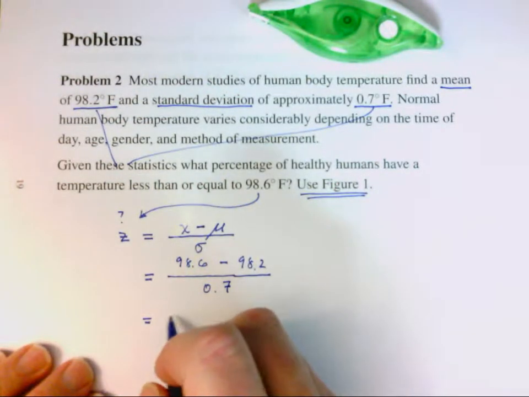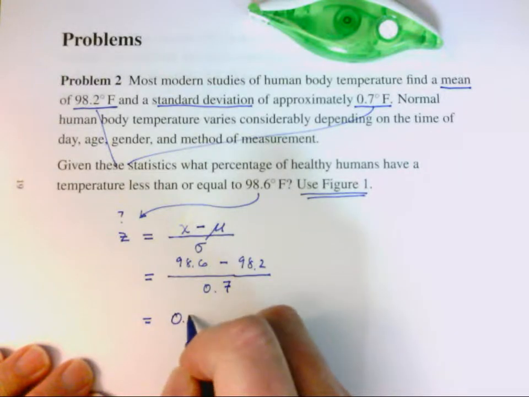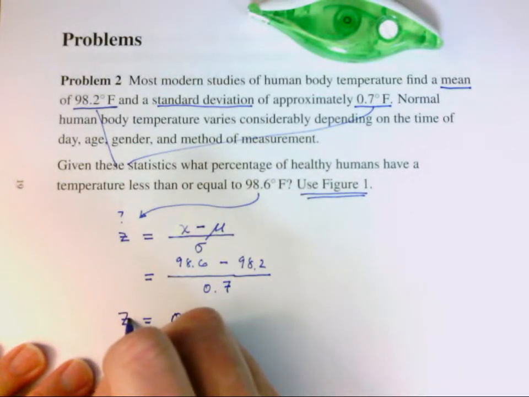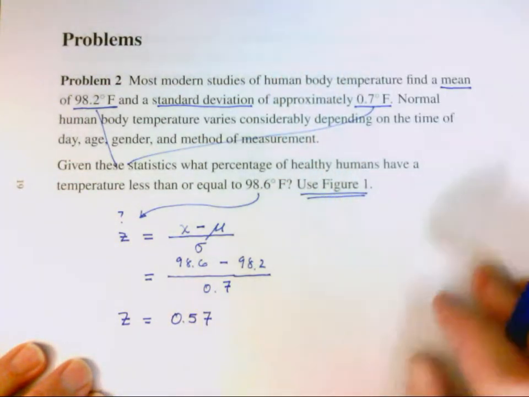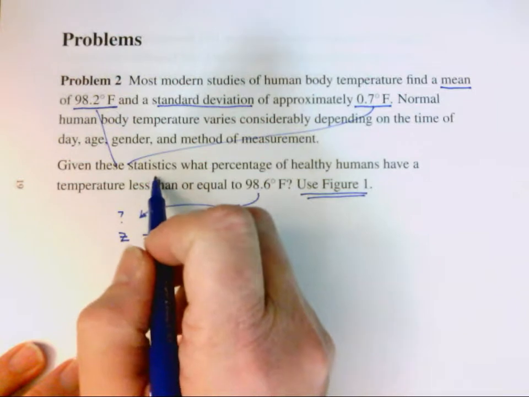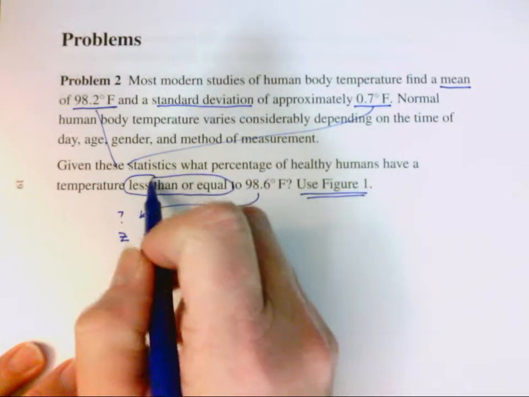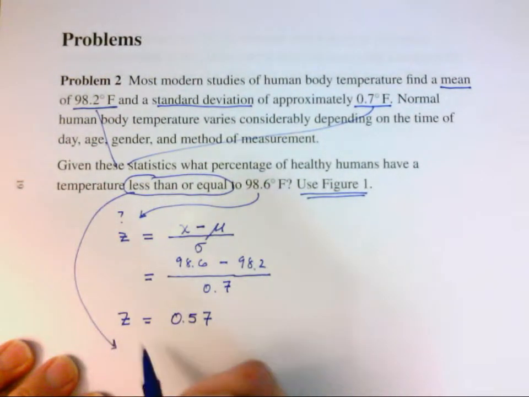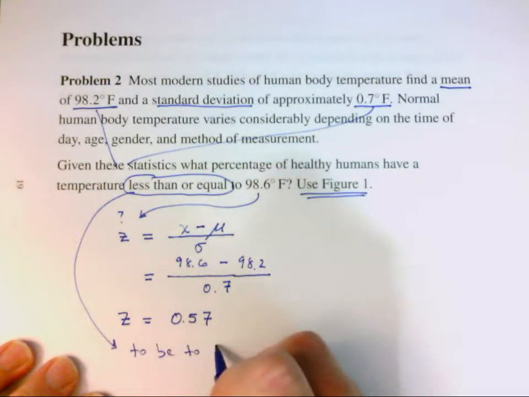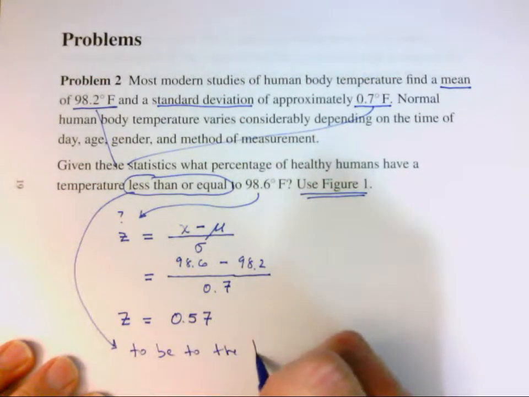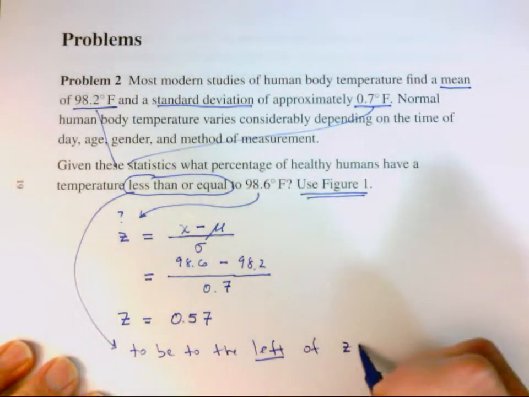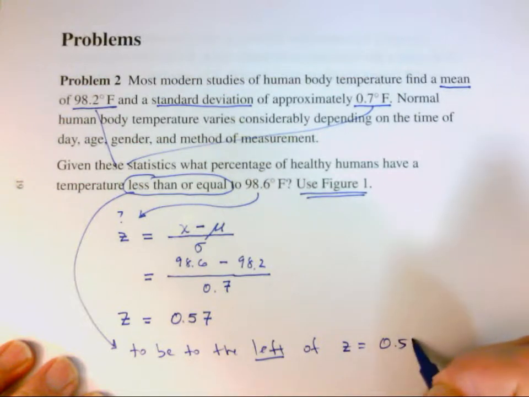So z equals 0.57. Now, we want temperatures which are less than or equal to that. So less than or equal to that means we want to be to the left of z equals 0.57.